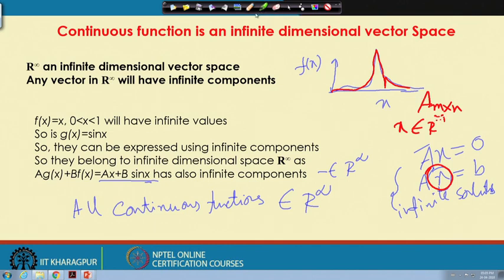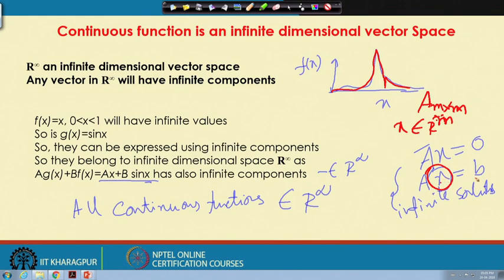Let us do it like this. If A has order m into m, x must belong to Rm, but Rm is the collection of all vectors in that particular vector space. So, where x belongs, what is the particular nature of x when I write Ax = b, that interests me more.